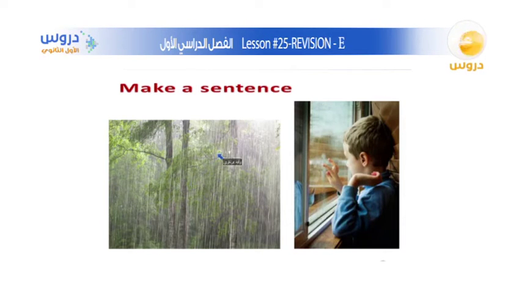I will stay at home. If it rains, I will stay at home. This is how we form it, and this is how we can understand the condition and the result.